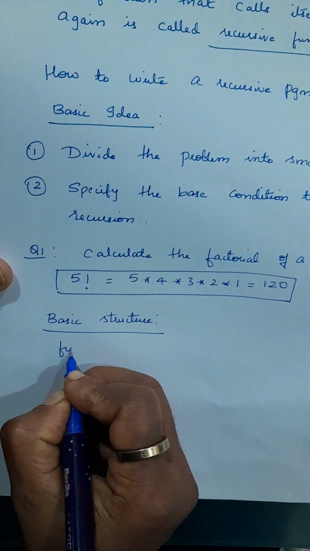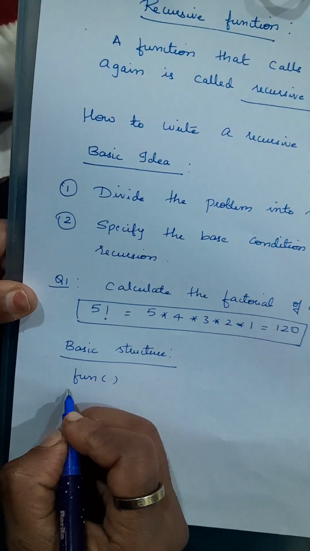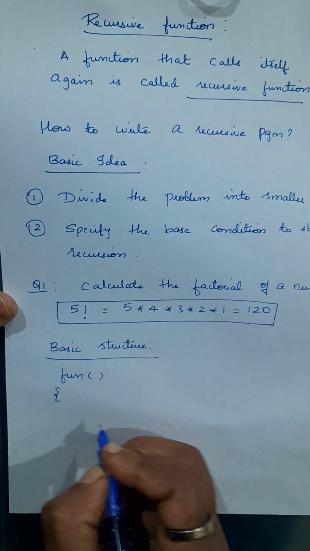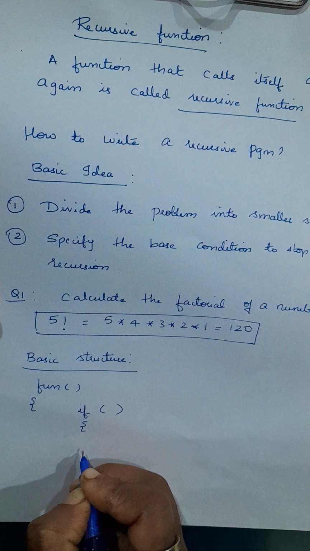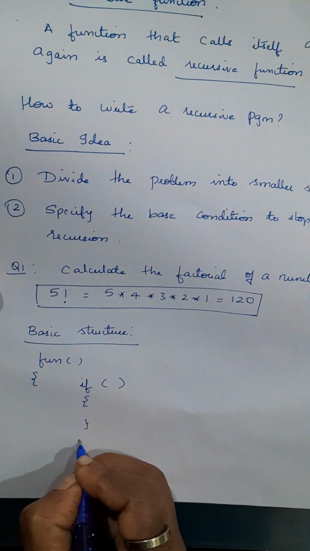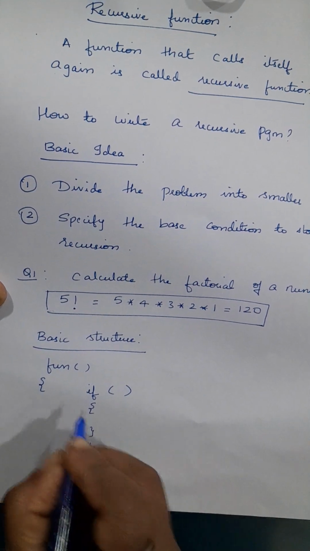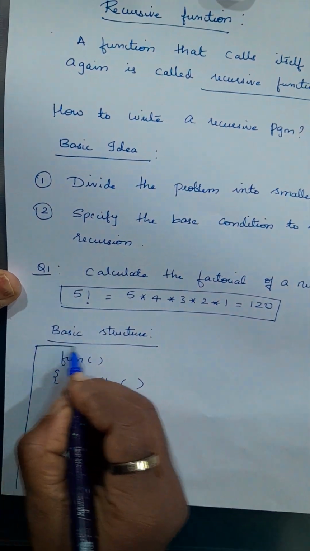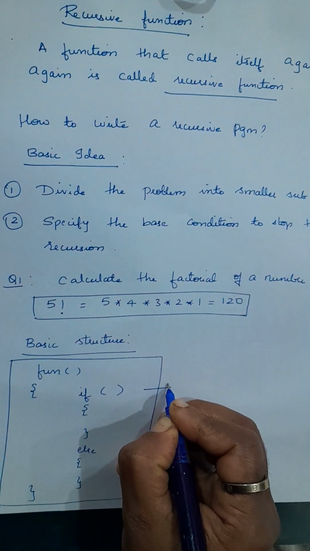Okay, now this is the function definition. So I'm going to write the function definition. Within function definition, if of some condition, if it is true, the executable statements, otherwise else the executable statement. That's it. This is the basic structure to write any recursive function. Now what does this mean?